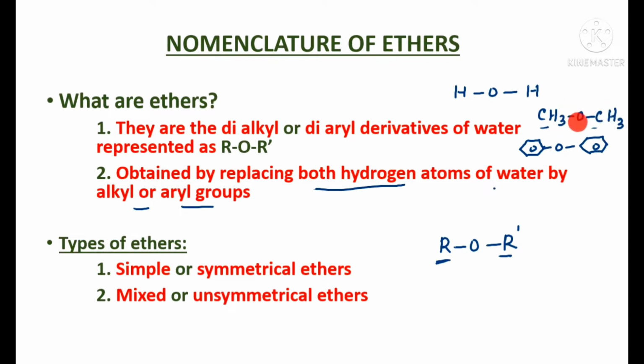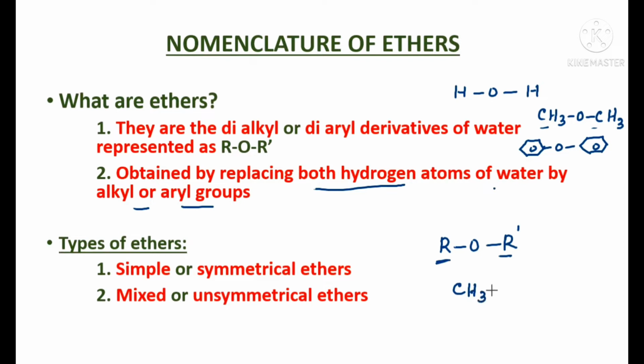This is the example for simple or symmetrical ethers. If R is one alkyl and R' is another alkyl group, we get a mixed or unsymmetrical ether. Or else if one R is an alkyl group and R' is an aryl group, then we also get unsymmetrical ethers. Understood, students?